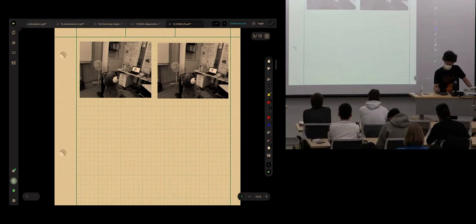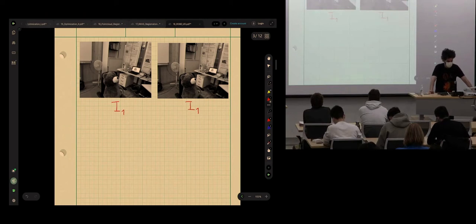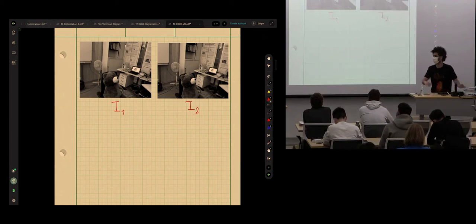All right, so now we have intensity. I'm using I again for intensity, but it also stands for the image. From image 1 to image 2.